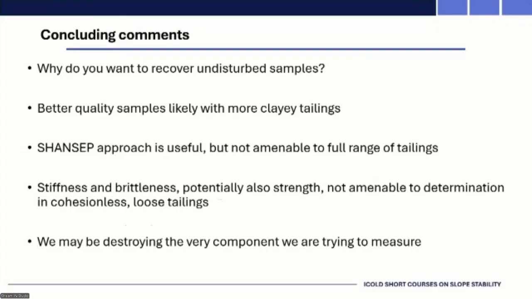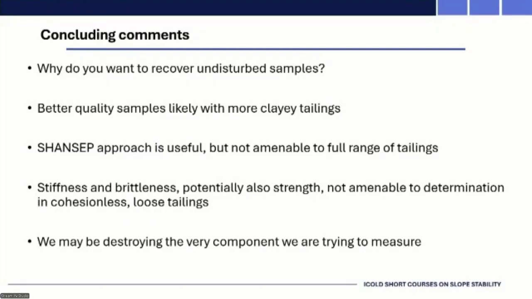What is it you're trying to measure? Clearly, you can get better samples with clay materials. You might be able to apply the Shansip approach, but it's not amenable to the whole range. And stiffness and brittleness, particularly the latter, I think at present are not amenable to determination by undisturbed sampling in cohesionless loose tailings. I think we're actually destroying the very thing we're trying to measure.